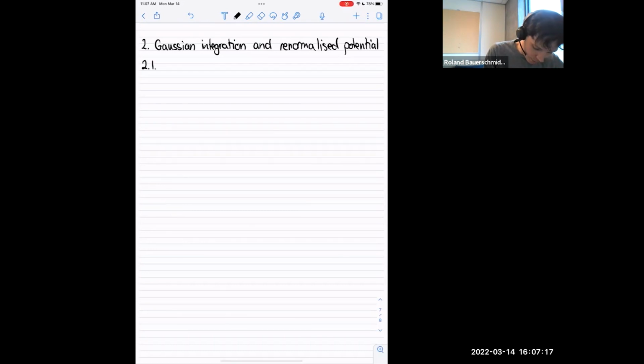So this is maybe 2.1. First of all, in the way I wrote down these models previously, there was always a Gaussian factor, the nearest neighbor coupling, and some kind of interaction, which was either enforced by a constraint or by a potential.